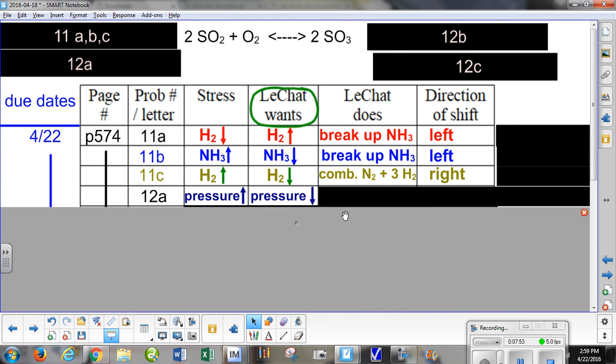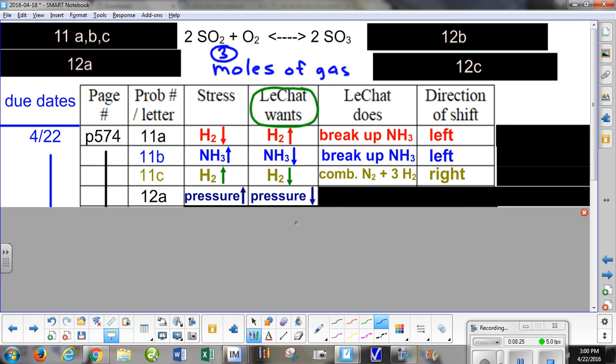How does he do that? This is different. Moles of gas. Now let's count the coefficients. Are you ready? 2 plus 1 is, the last time I checked, 3. So we've got 3 on the left.